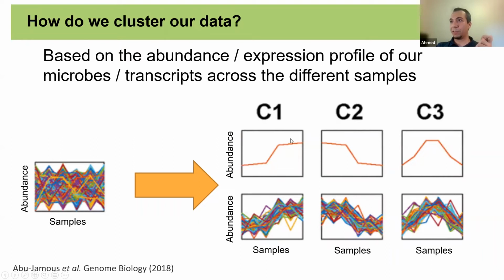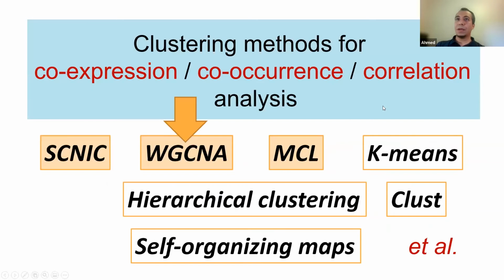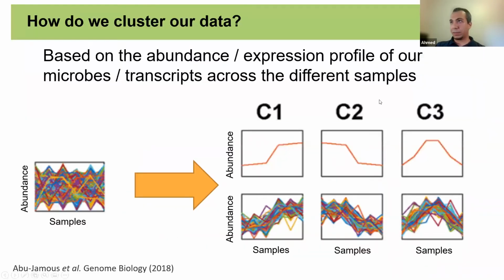It doesn't have to perfectly fit, but it should be good enough that you were able to segregate your bunch of abundance profiles into these different cluster sets. So these are your modules, or these are the clusters that you end up having from this step. And again, this is something that applies for pretty much any clustering method that you are using.